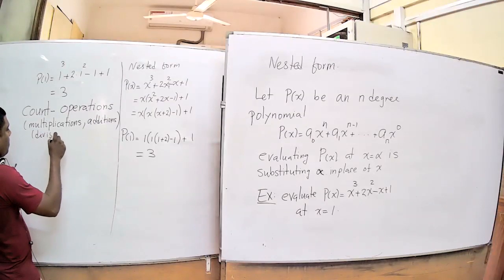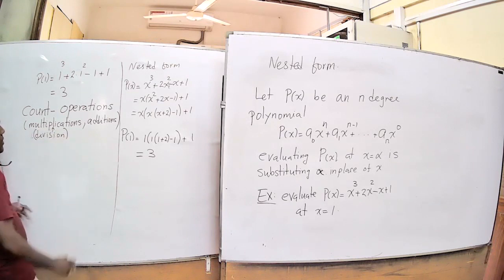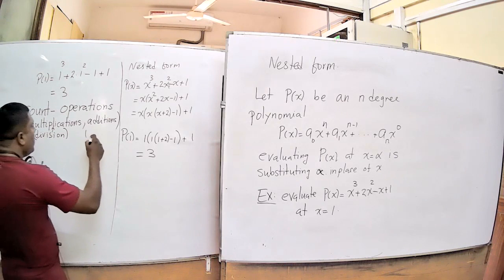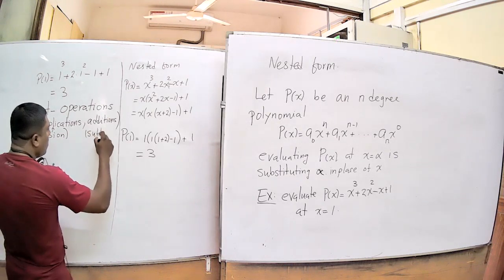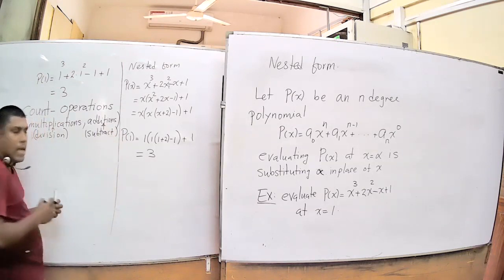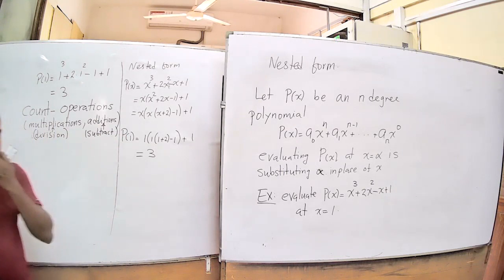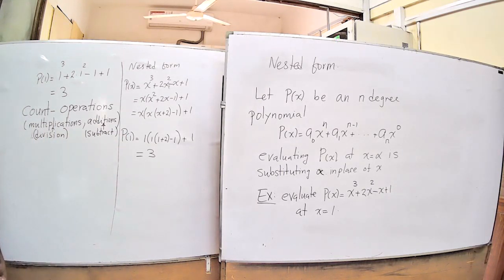Multiplication includes division as well. Similarly, subtraction also comes under addition. So plus and minus are considered as addition, and dot or division is considered as multiplication.